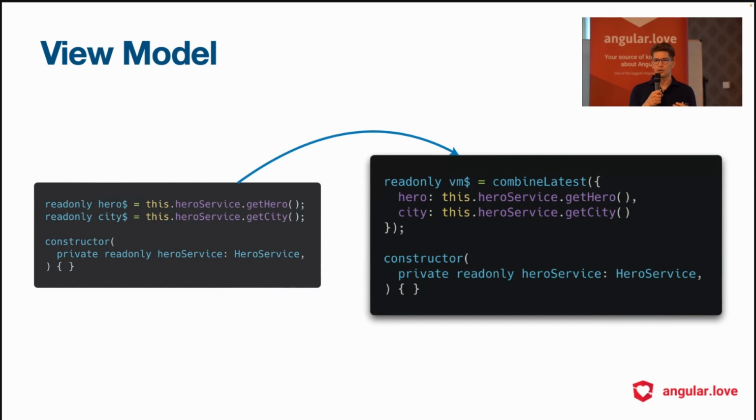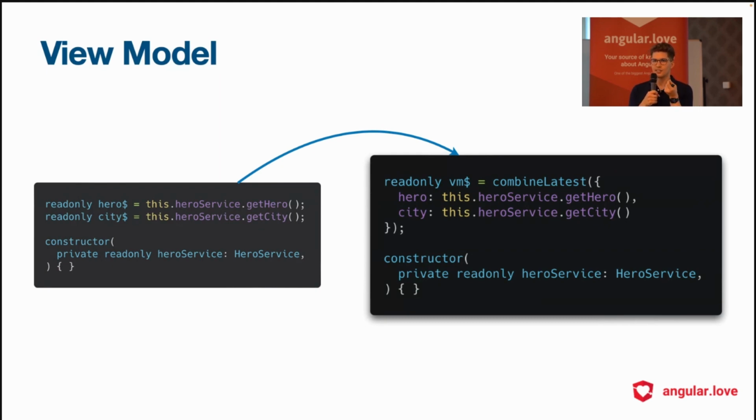Obviously, with regular components, it is so much easier to wrap all those properties inside a single object. With our reactive components, we need to do something more because we have observables.